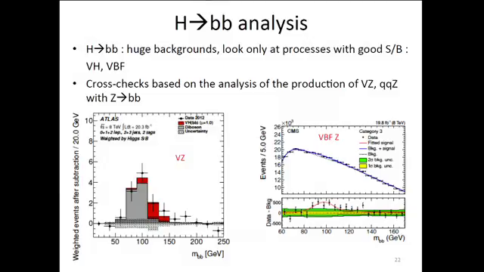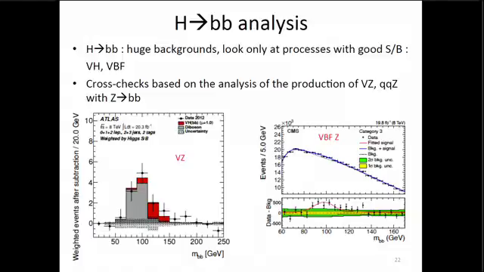Yes. So if we go then to Higgs to b b-bar, this is a channel where we have a very large cross-section, but also huge backgrounds from QCD. So what is done is that one has to use special production channels, like associated production with a vector boson or vector boson fusion, to increase the signal over background.